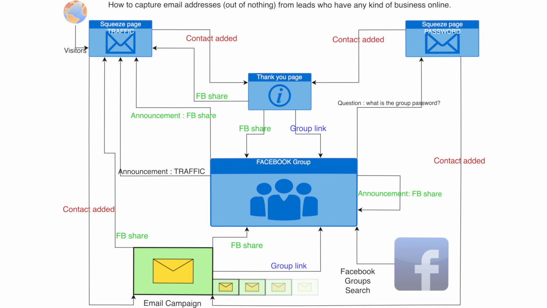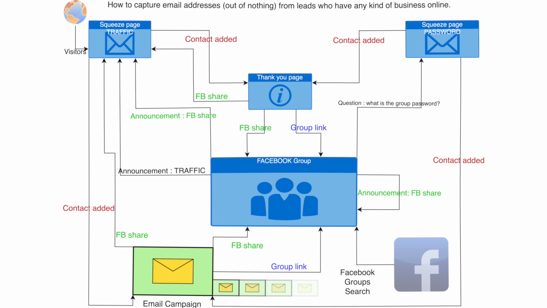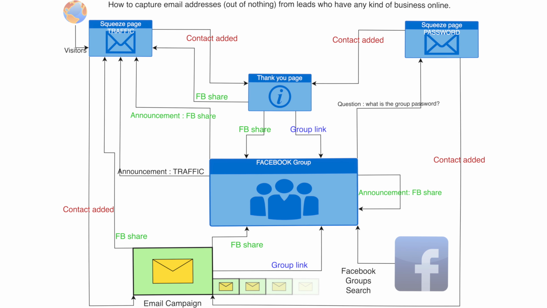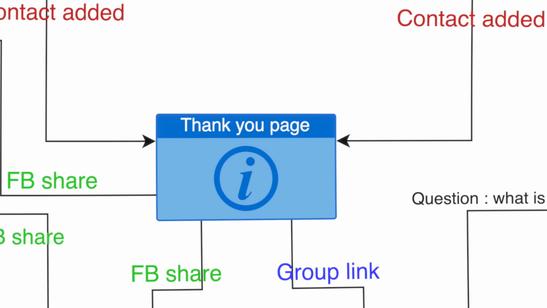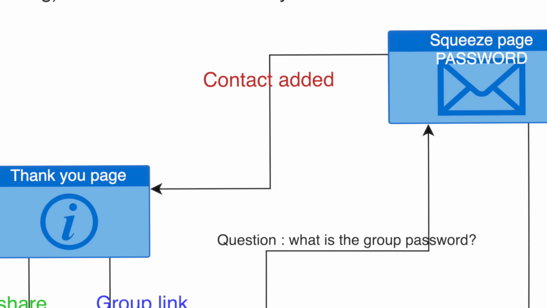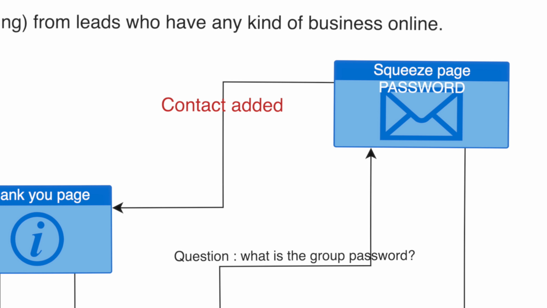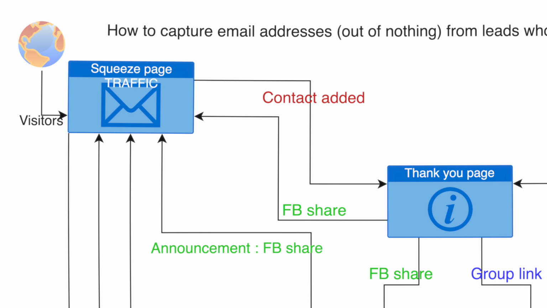And finally, we will see the relations of the last element. Incoming is when people are coming from a squeeze page, added as a contact to the email autoresponder and then sent to the thank you page.